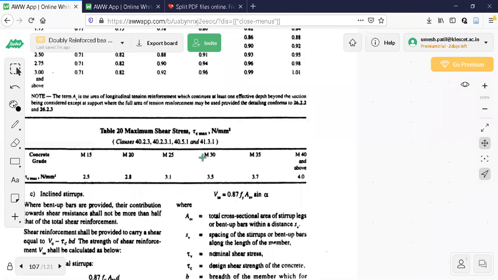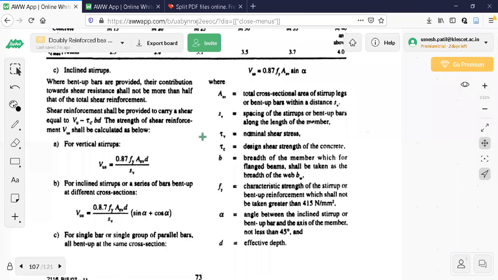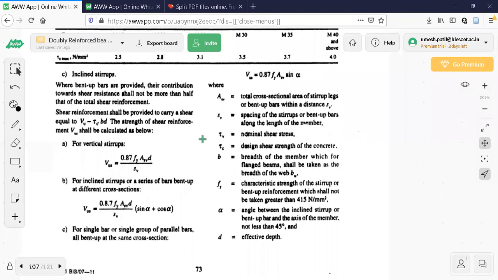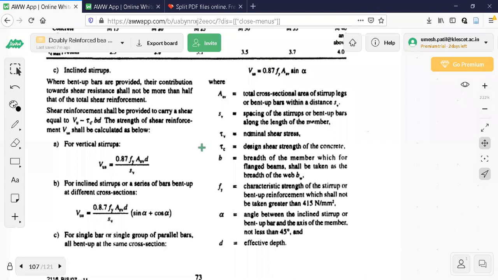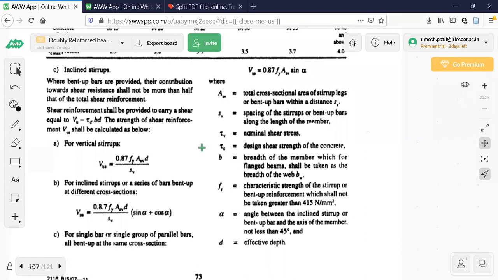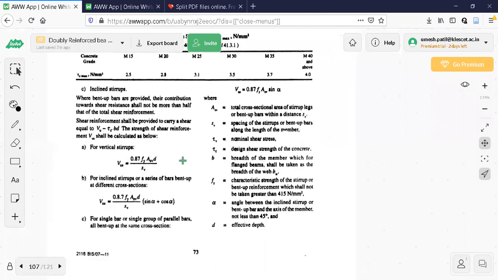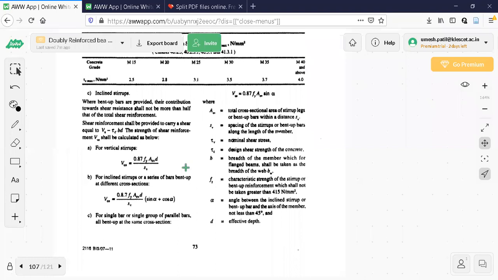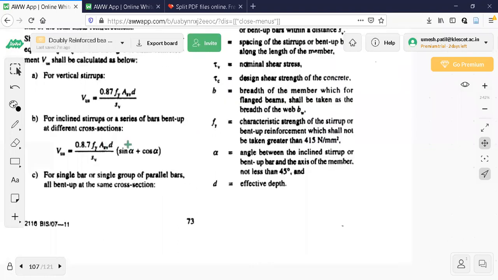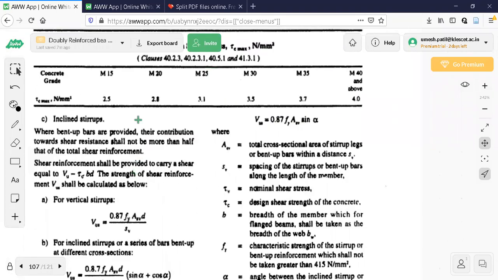If you want, you can write it somewhere in your notebook. Page number 73 is enough to solve a problem on analysis for shear. If I want to find out the shear capacity of an RCC beam, this page 73 is enough. You have to understand what is given on page 73.